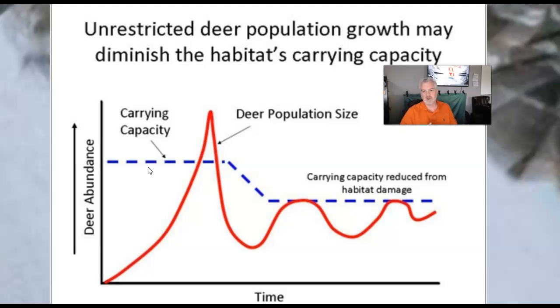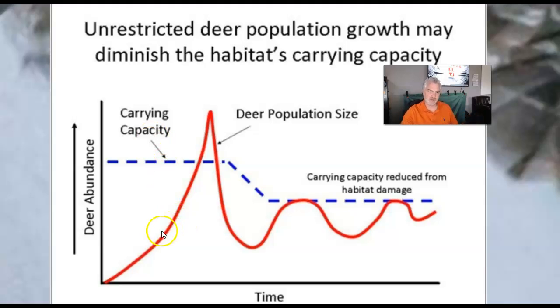And that's all well monitored by the wildlife departments in each state. They monitor the population and help to determine how many tags deer hunters can get each year, or maybe if they want to shorten or extend the deer hunting season a little bit. Because they're trying to keep that population at or near the carrying capacity in that region.